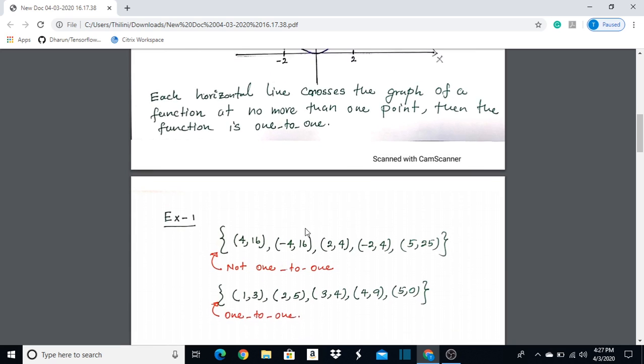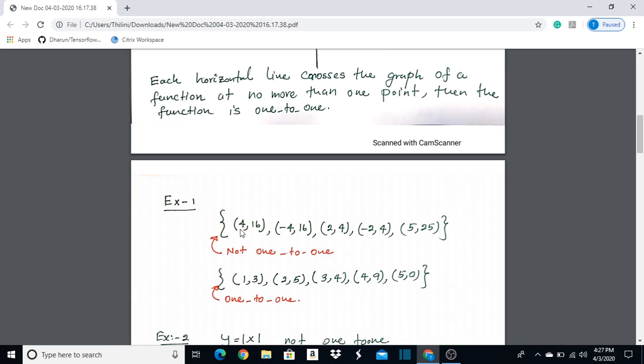So let's look at an example of a relation here. In this relation, our question is to determine whether these are one-to-one relations or not one-to-one. Here this relation is not one-to-one because if you input the value 4, you get 16, and also if you input the value negative 4, you get 16 again.